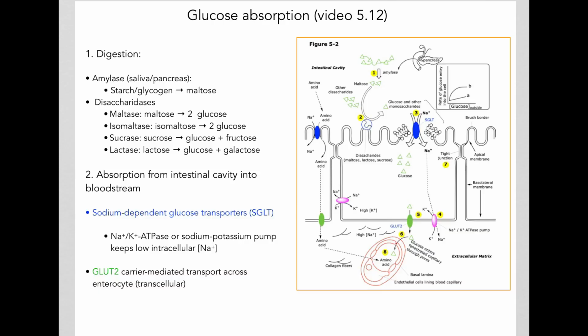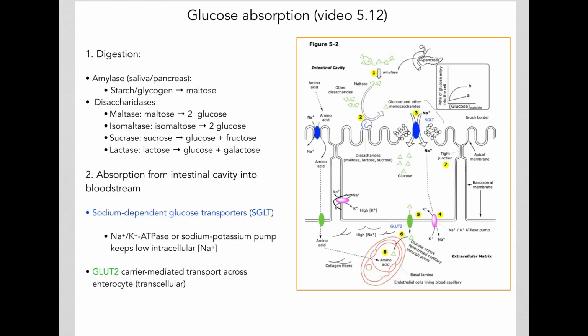And this occurs in the intestinal cells, the intestinal epithelial cells, especially the enterocytes. So these cells have two very important proteins. One is SGLT, sodium-dependent glucose transporter. And this brings in glucose as well as sodium into the cell.